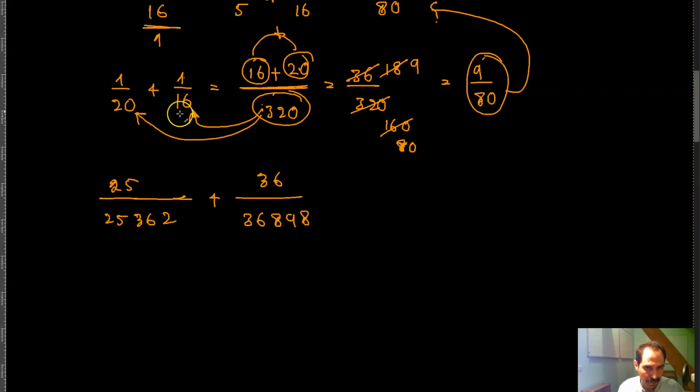So now if I were to use the same method that I used here, what I need to do is to basically multiply these two numbers together. This number I have to multiply by this number, and it will give me some very large number, and it would not be easy to deal with that sort of number.